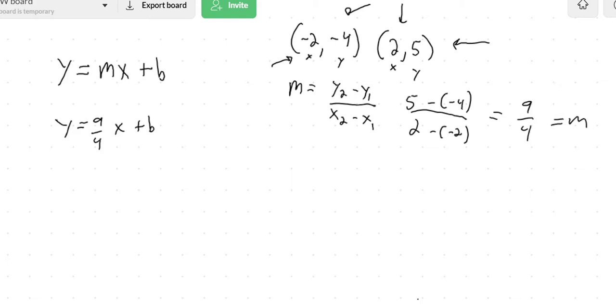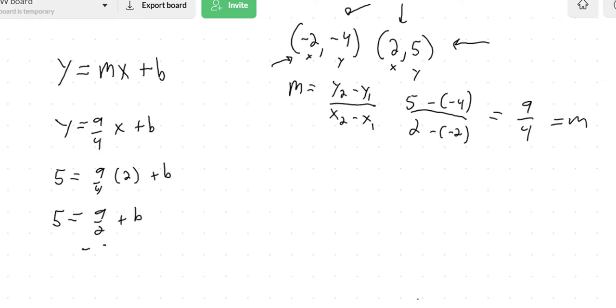It doesn't matter. So if my y is 5, I'll replace y with 5. I have 9 over 4, and my x is 2, plus b. So now I can find the value of b, right? So this becomes 5 equals 9 over 2, because this is going to reduce, right? 18 over 4 becomes 9 over 2, plus b.